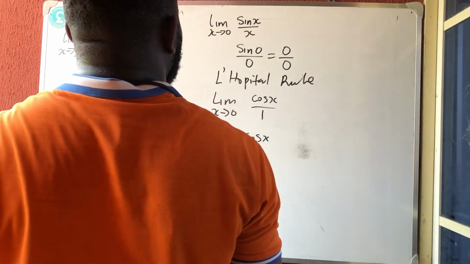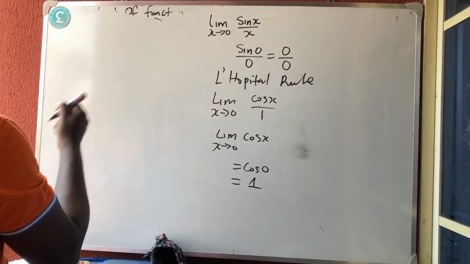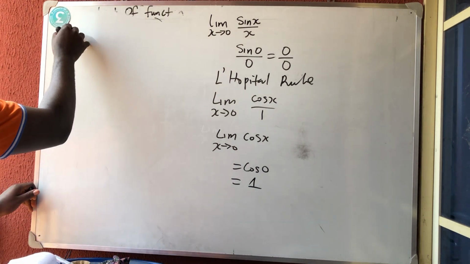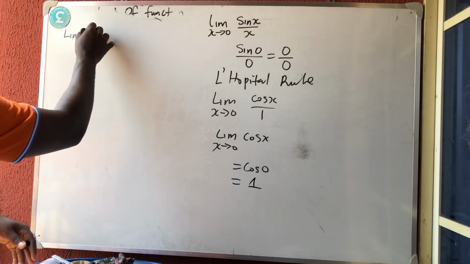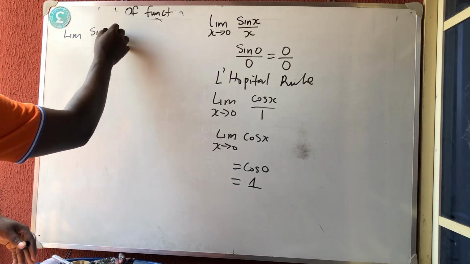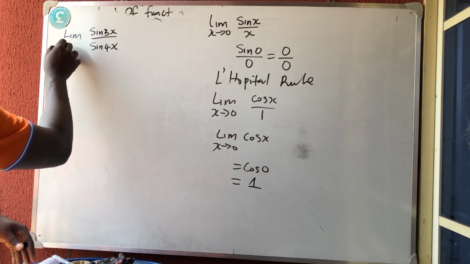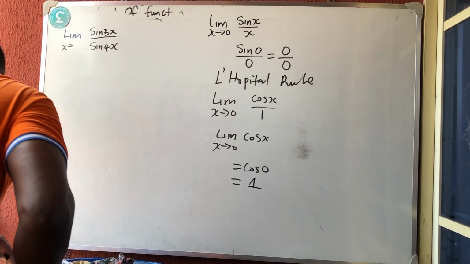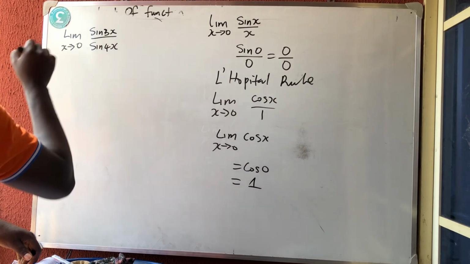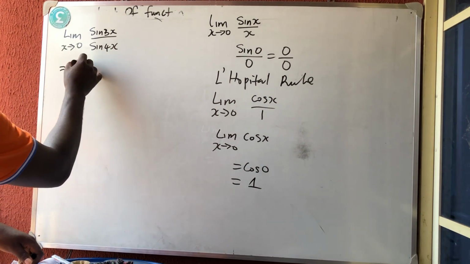The next one we're going to do, and that is the last question I'm going to solve here, is we should find the limit of sine 3x over sine 4x as x approaches 0. So what do we do? Sorry about that.